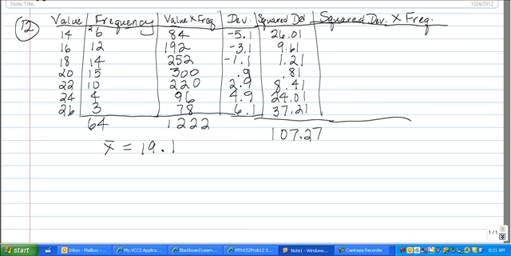So what we want to do now is take our frequency, and let me highlight that column. We want to take our frequency times our squared deviation. So that's what we're working on.